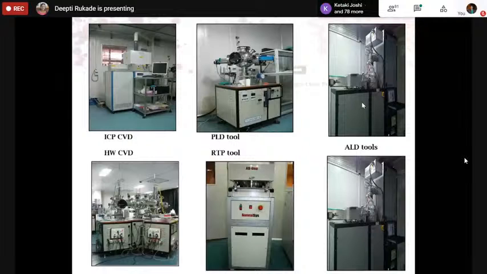It is a self-limiting process, and it has highly conformal deposition with high aspect ratio. How does this happen? It consists of various gas precursors. If you have a material to be deposited using ALD, you will have a combination of many precursors.